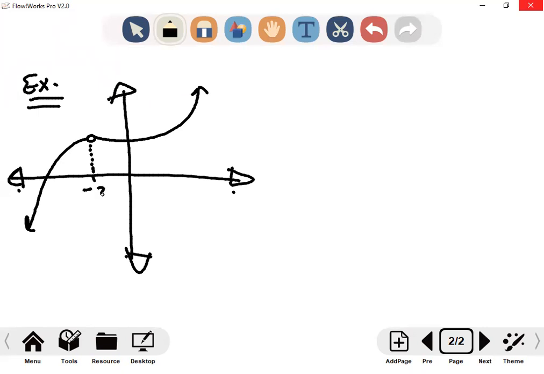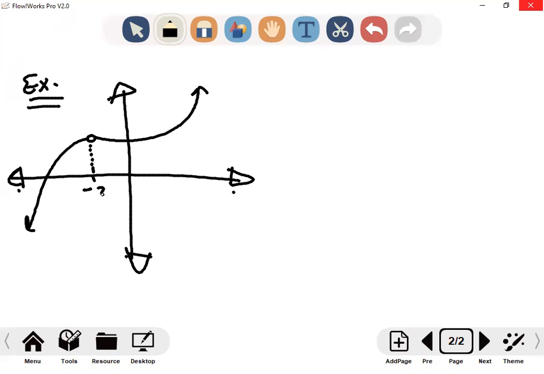This is a curve for f of x, sorry, for the function. You know the function? Good. The function means an algebraic expression. We put the domain, then we have the range, and we make a table, and we plot the points here. Then we connect the points. We have this curve, right?